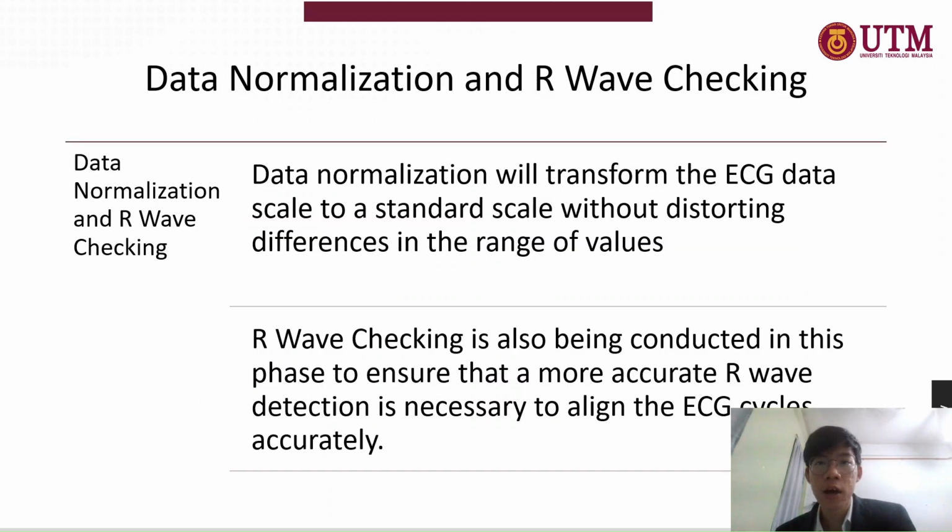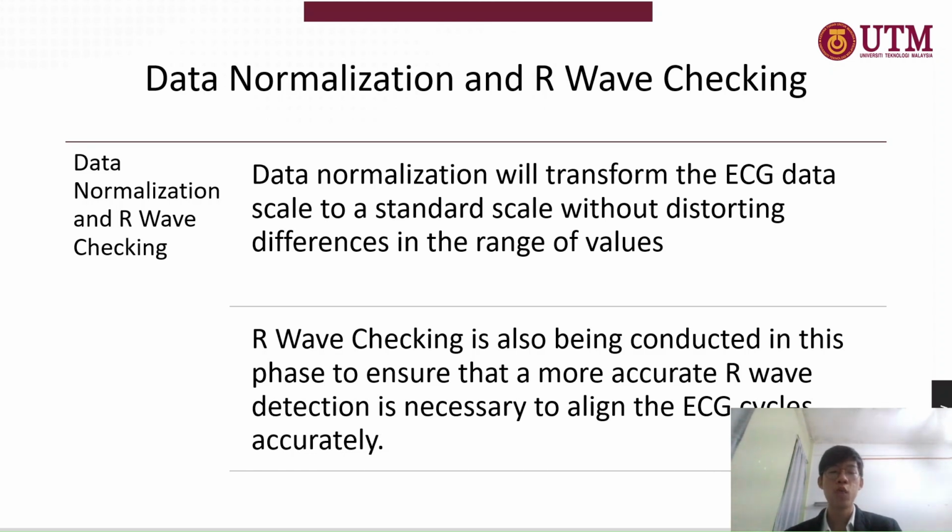Next, I would like to present on the data normalization and R-wave checking in this dataset preprocessing phase. Data normalization is important to be executed in data preprocessing to transform the ECG data to a standard scale without distorting the differences in the range of values.